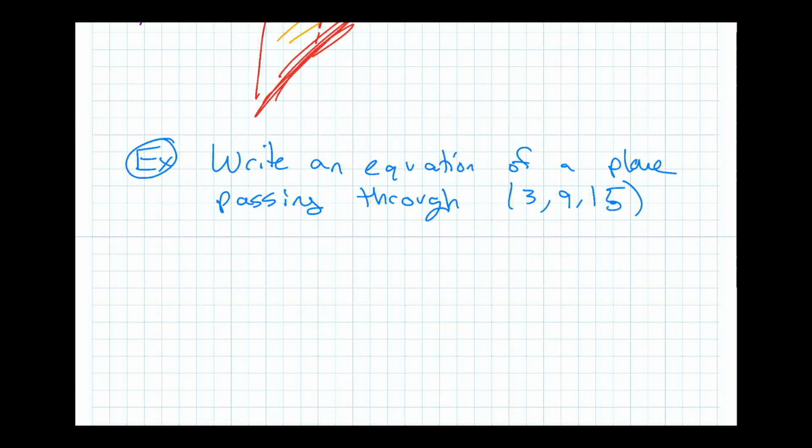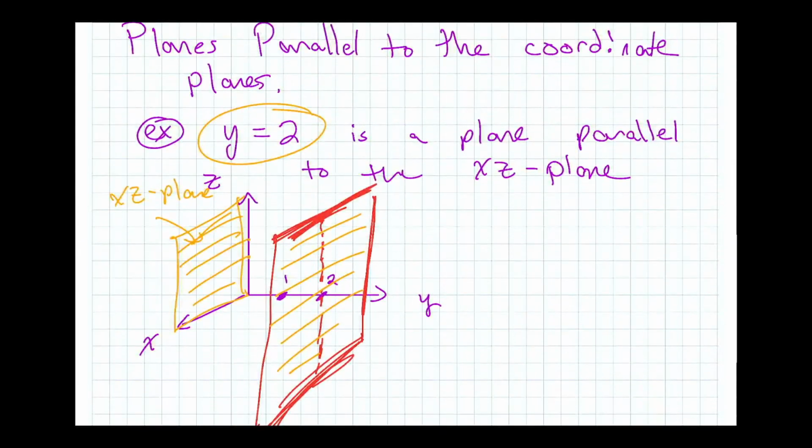Passing through 3, 9, 15. That is parallel to the, let's say, x, y plane, right? And so the idea behind this is, take a look at this example, right?